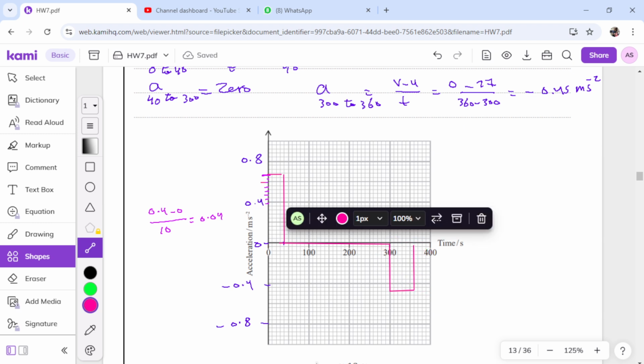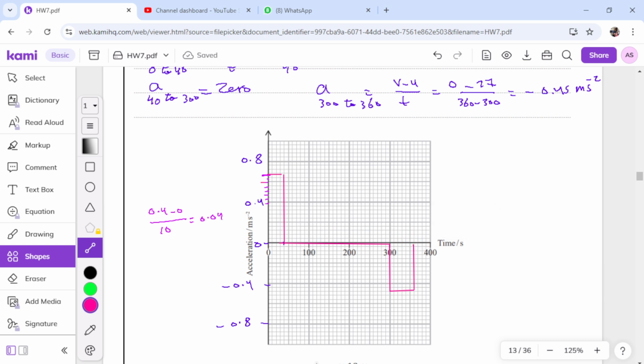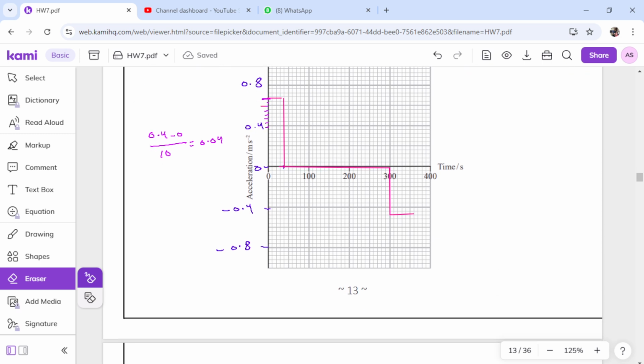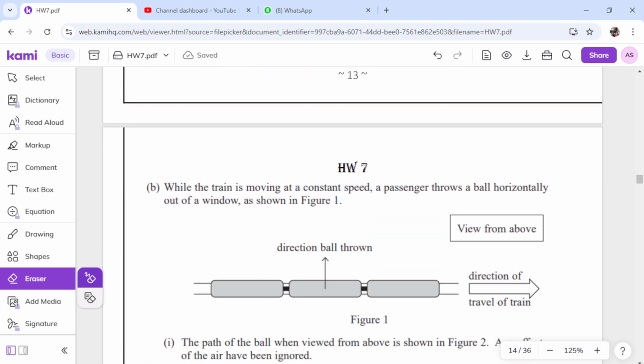So this is how to draw the acceleration-time graph, and of course you have to delete this one. So this is the final answer. Let's move to the next.